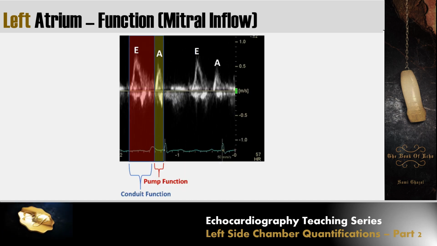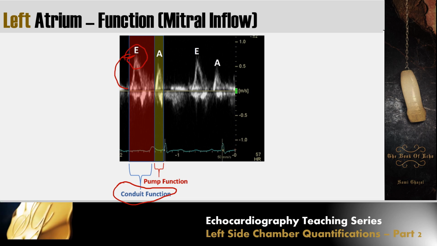This is the mitral inflow spectral Doppler image, and we can see here the E wave, which is the early diastolic wave, which reflects the conduit function of the left atrium, this velocity. So this velocity is dependent on many factors.